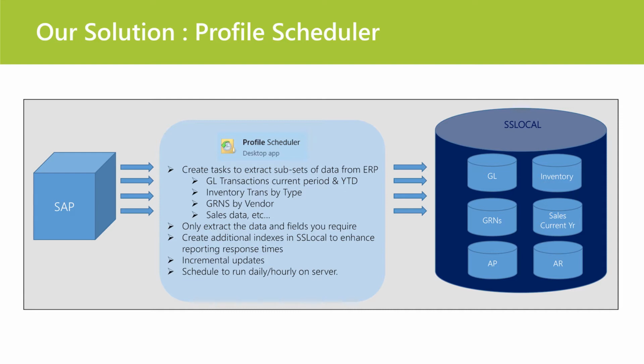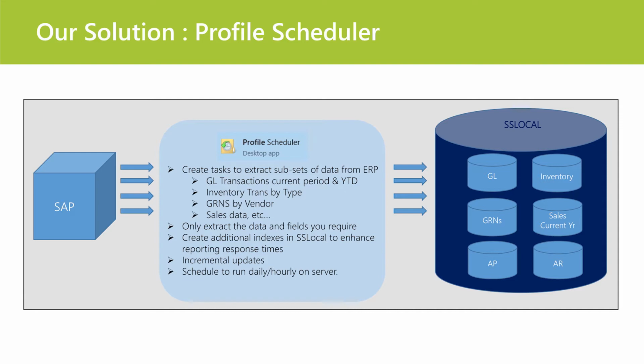And you can organize your data and extract only the data you want. So it doesn't have to be the entire table. It can be just a subset of the data, where it's certain years of information or months of information or different organizations, not the entire table.